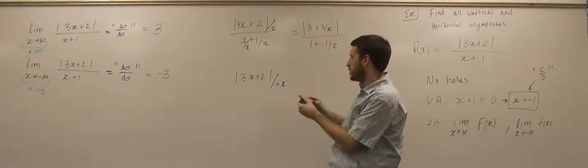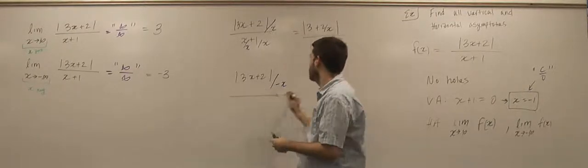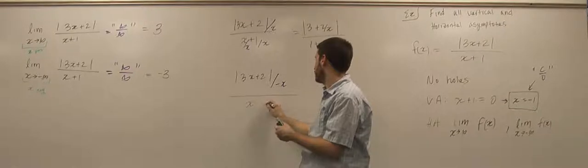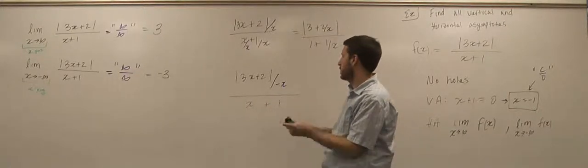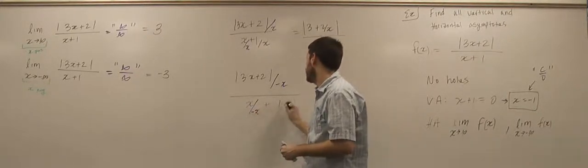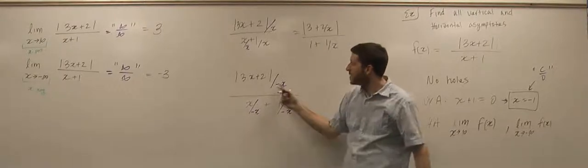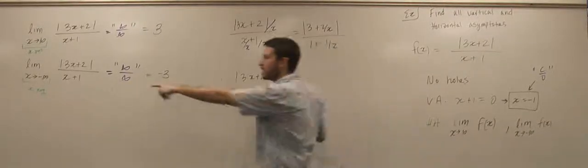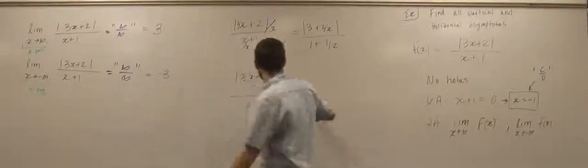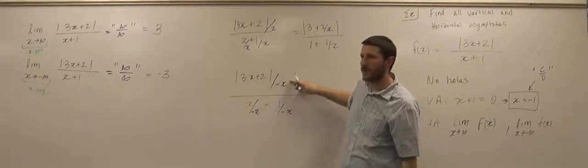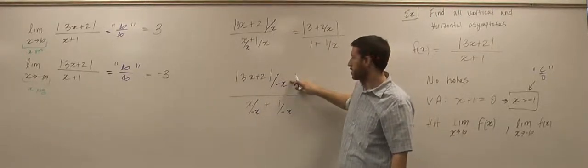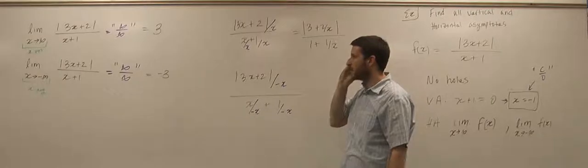This is one way to do it. Because x is already negative itself, negative times negative, this whole quantity is positive, so you can put it in the absolute value without any problems.